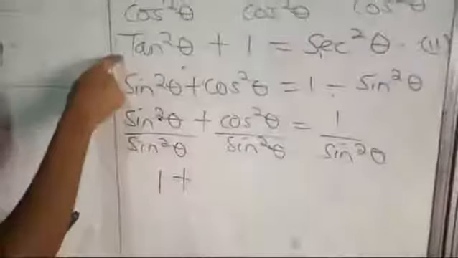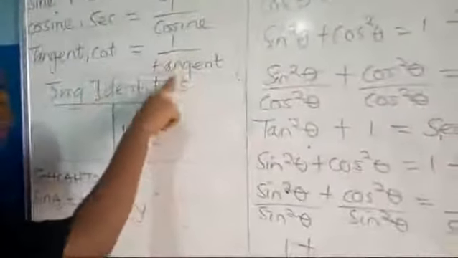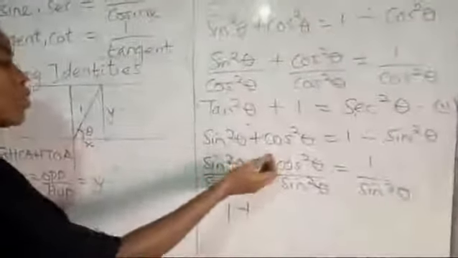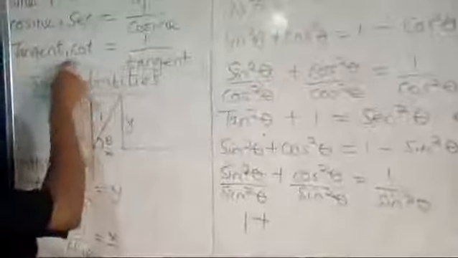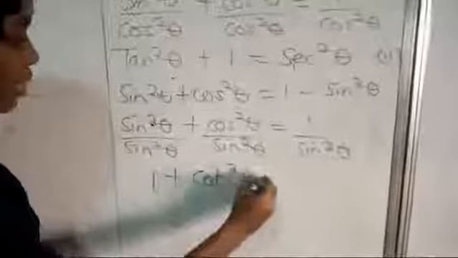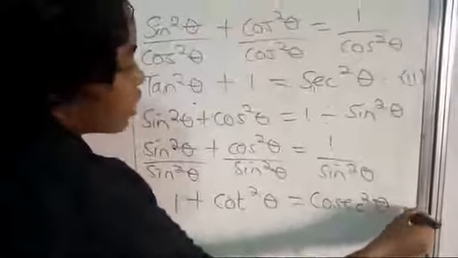We already know that tan is sine over cos. And we said that cot is 1 over tangent, that's the inverse. So the inverse means sine is now the one down and cos is now the one up. That's referred to as cotangent. So we say this is cot squared theta. Again, 1 over sine squared theta: since cosec is 1 over sine, we replace this with cosec squared theta. So this is the third identity.